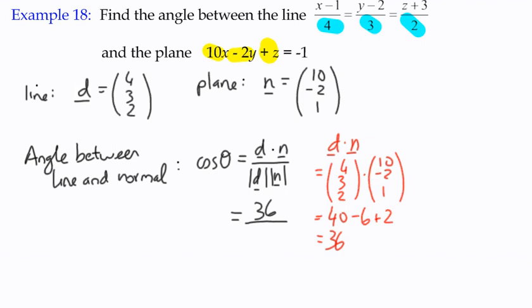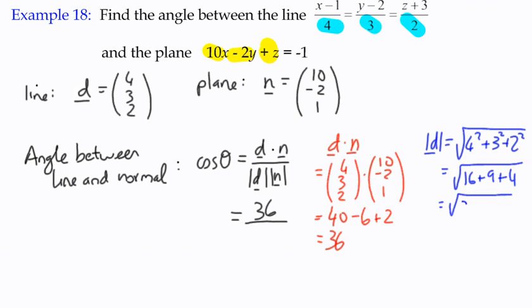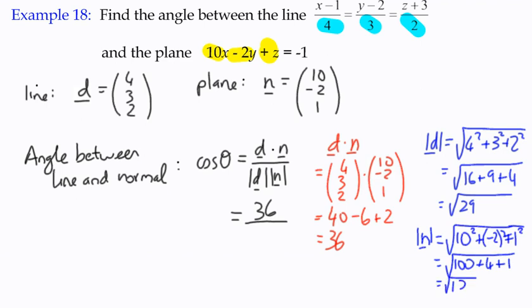The magnitude of D is the square root of 4 squared plus 3 squared plus 2 squared. That gives us 16 and 9 and 4, which is square root 29, which I'm going to leave as square root 29 because I'm going to use a calculator later on anyway. The magnitude of the normal vector is the square root of the sum of the squares of its components, which would be the square root of 105.